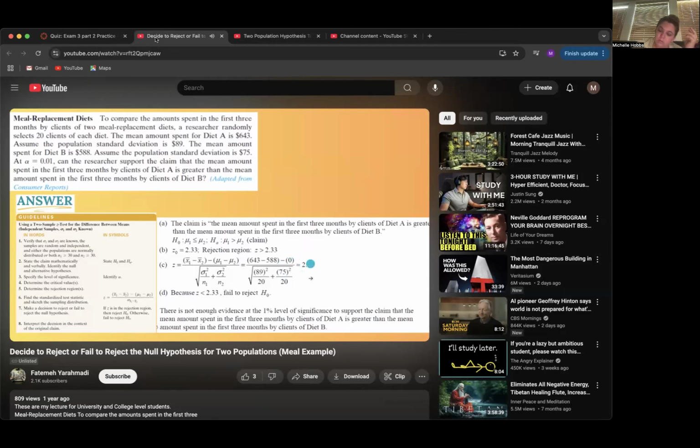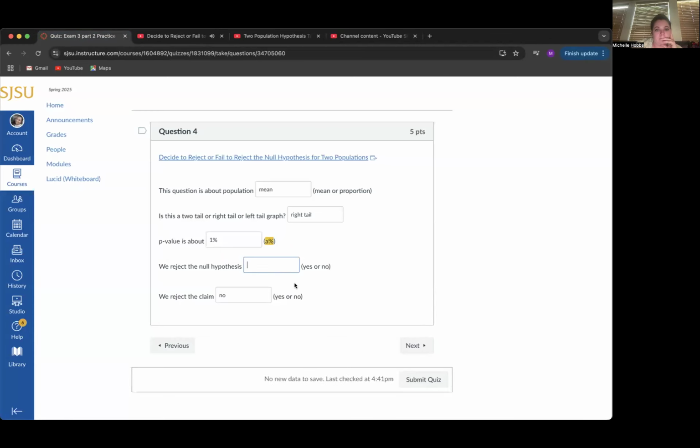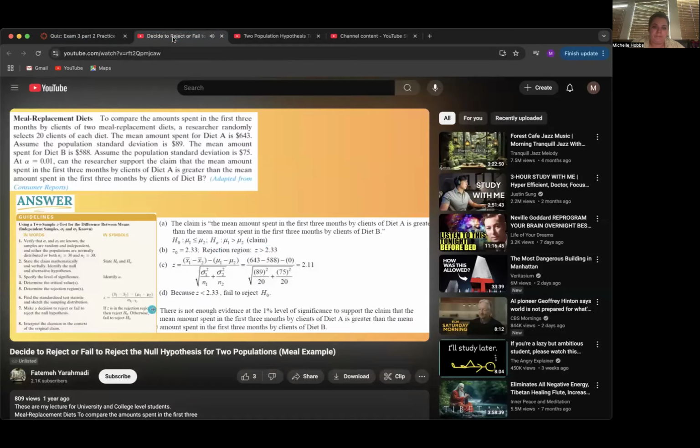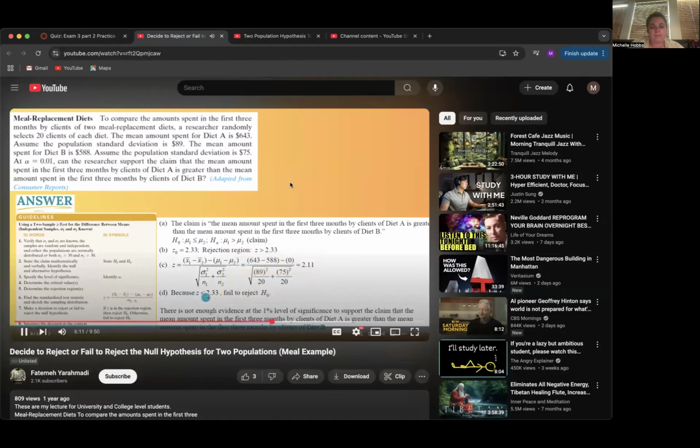Well, is 2.11 on the right-hand side of 2.33? Remember that you have a right tail test. So as long as this number is on the right-hand side of 2.33, you're going to reject the null hypothesis. Otherwise, not that case. Since z is less than 2.33, it means that it's not in the rejection region.